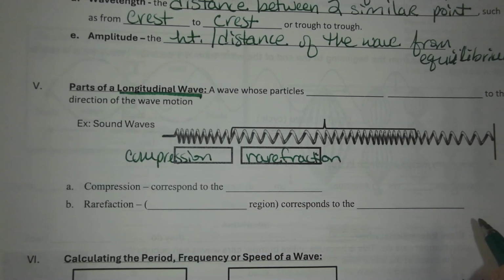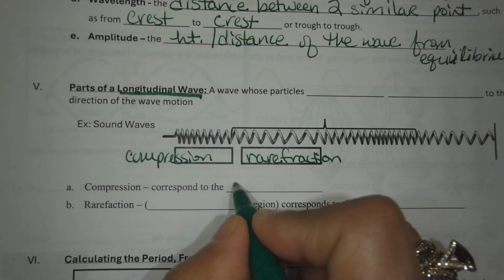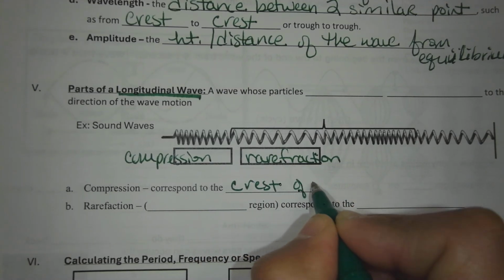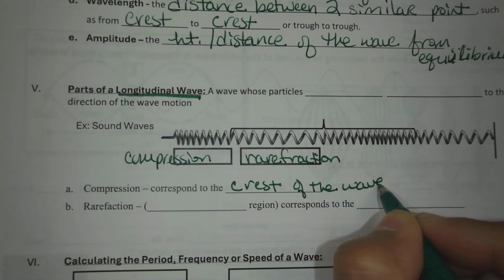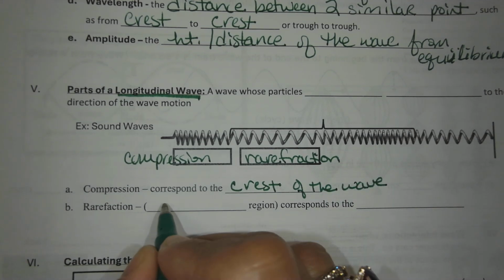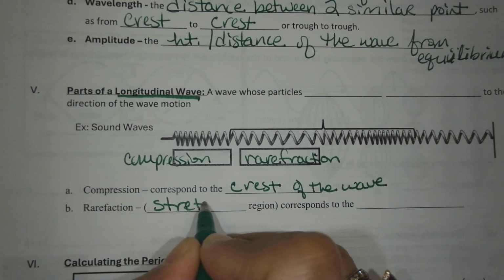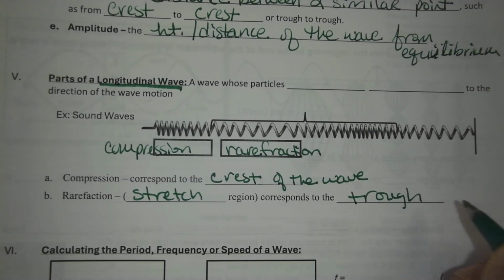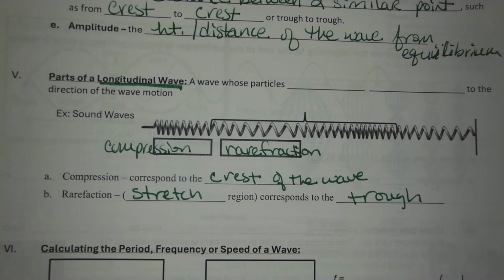The compression corresponds to the crest of the wave. The rarefaction is the stretched out part, and that corresponds to the trough, that bottom low point.